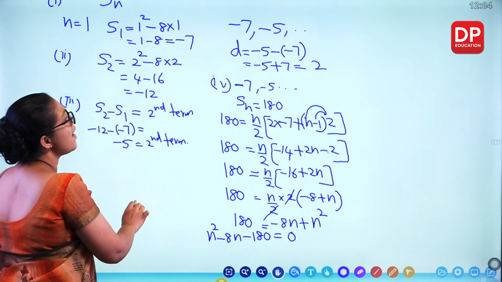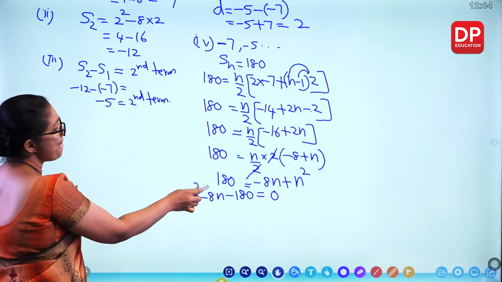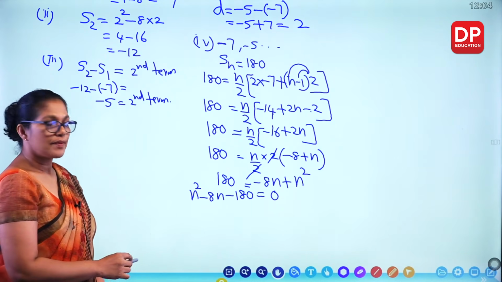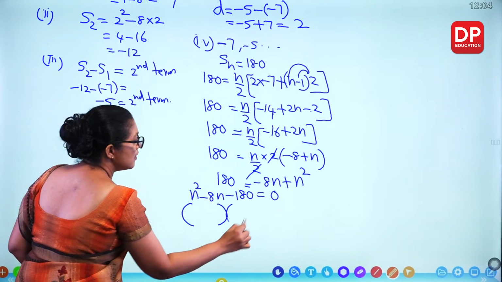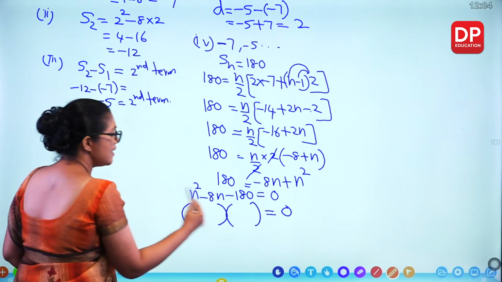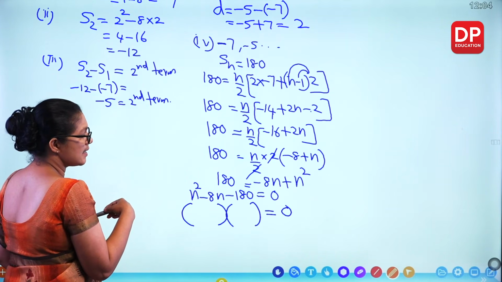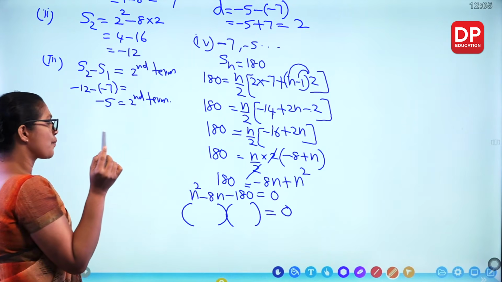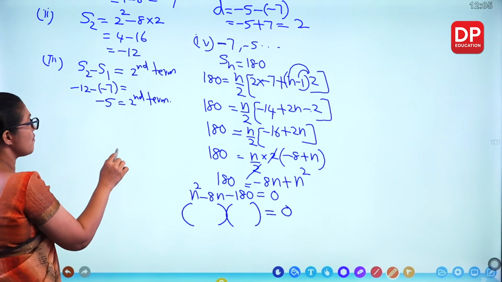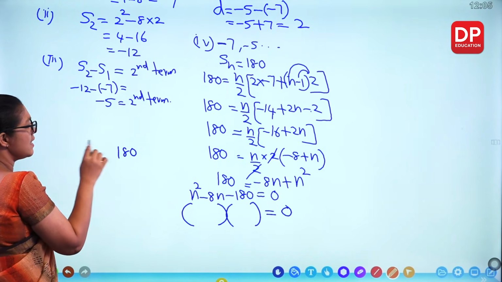So what are the factors of this one? We can write factors are 10 and 8, 180. What are the factors of 180?